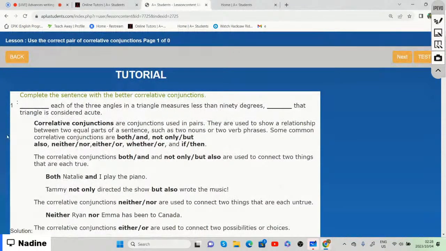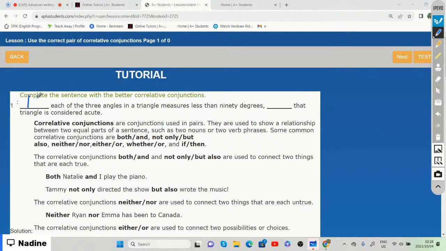Then we say if each of the three angles in a triangle measures less than 90 degrees, then that triangle is considered acute.